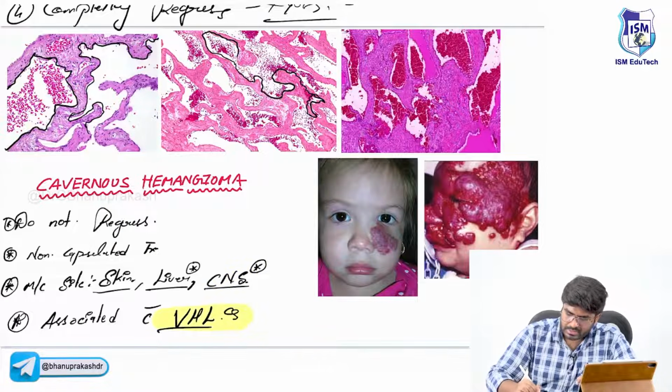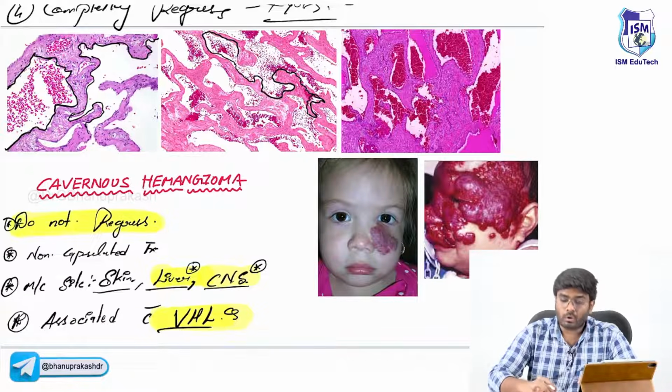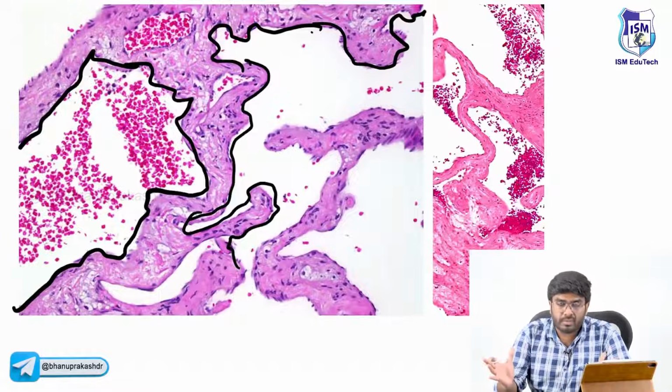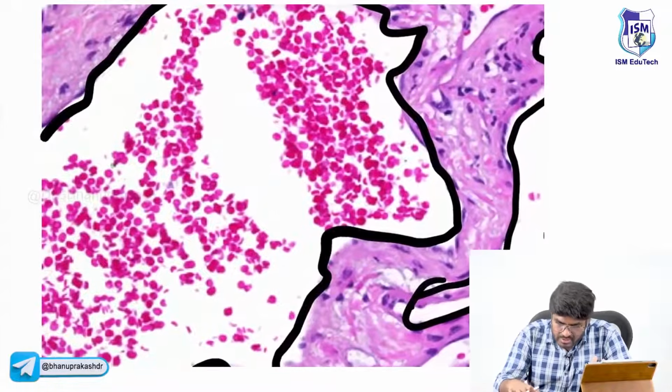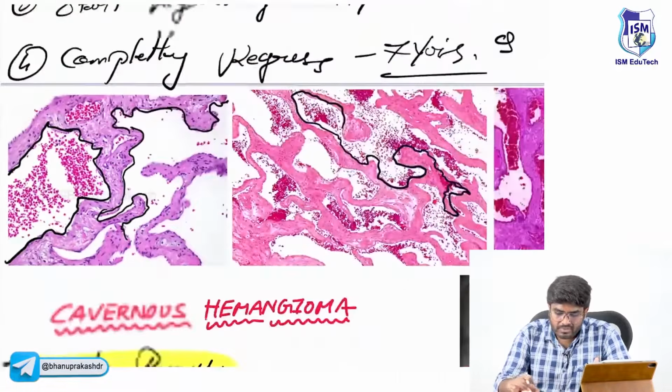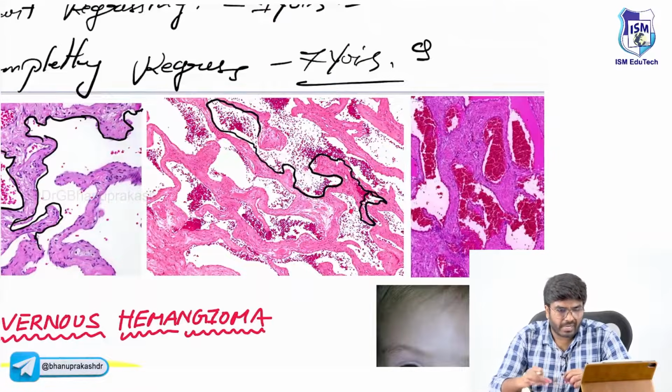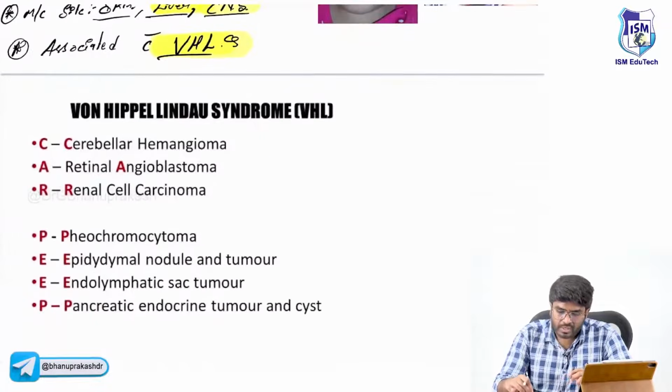Again, MCQ: CNS involvement, liver involvement, von Hippel-Lindau syndrome, they do not regress. How to identify them? There is extensive branching of the blood vessels. You can say these are blood vessels because RBCs are very clearly seen. So the blood vessels are going to be extensively branched. They are associated with von Hippel-Lindau syndrome.